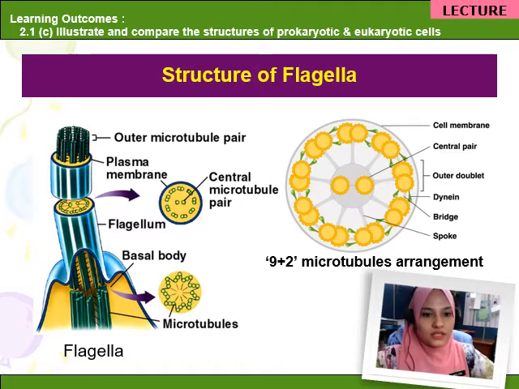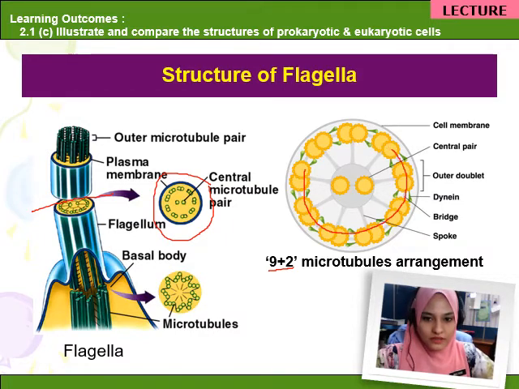As you can see, when we cross-section the flagella, we can see from above the arrangement of the microtubules. So what is the 9+2 arrangement? The 9 means there are 9 pairs of microtubules arranged surrounding a central pair of microtubules. That is called the 9+2 microtubule arrangement, which is inside the flagella of a eukaryotic cell.